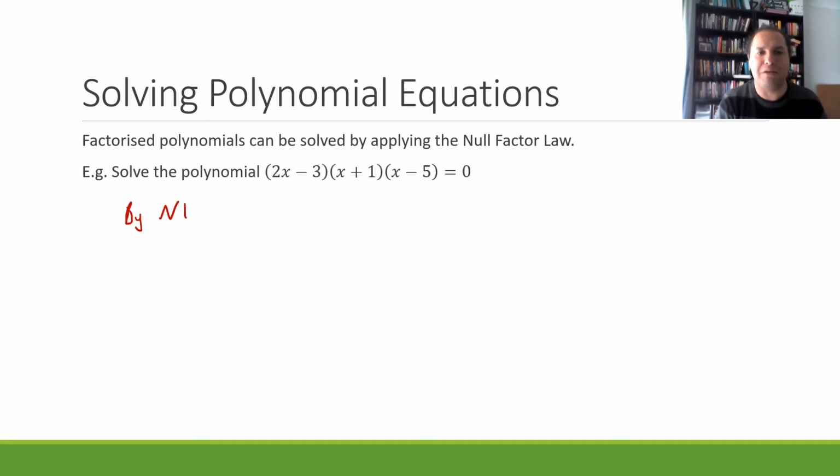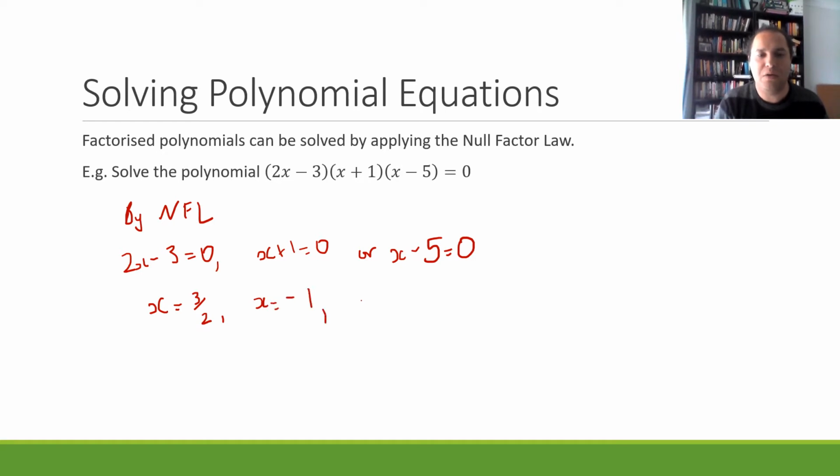By our Null Factor Law, 2x minus 3 equals 0, or x plus 1 equals 0, or x minus 5 equals 0. Rearranging those, x equals 3 over 2, or x equals negative 1, or x equals positive 5. So those values all solve our polynomial.